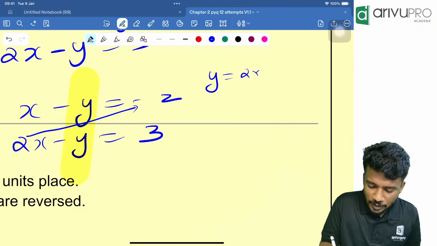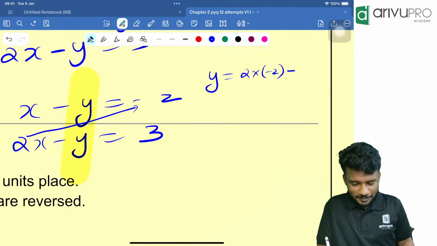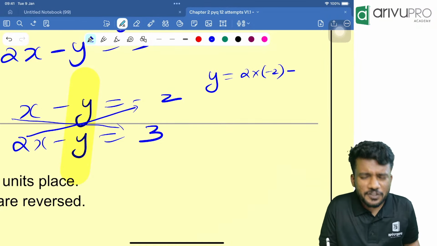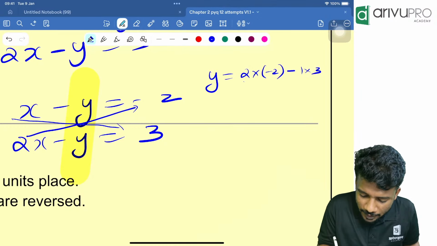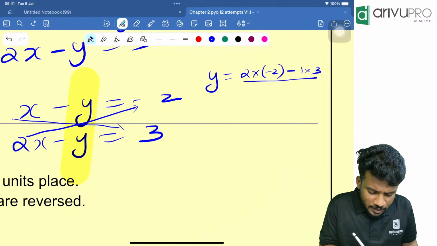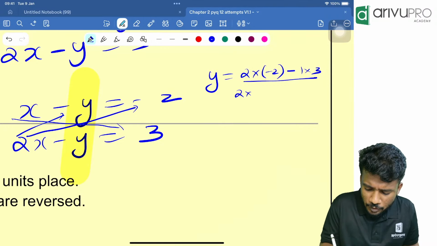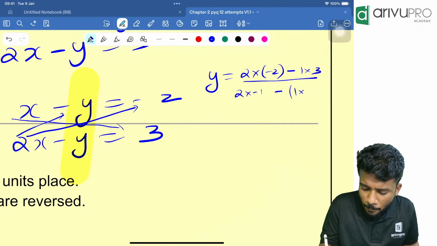So 2 into minus 2, minus of 1 into 3. The coefficient of x is 1. 1 into 3, divided by the coefficient pattern, which is anyway the same, 2 into minus 1 minus of 1 into minus 1.